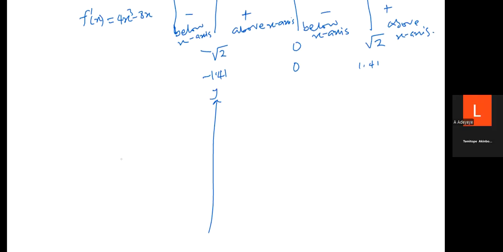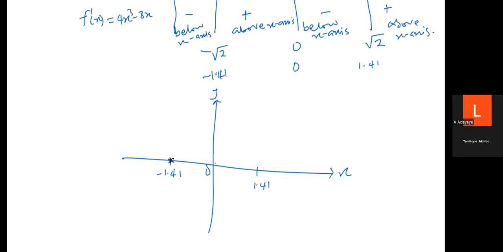So let's suppose minus 1.41 is here, 0, 1.41 here. So when you have the point here, you have it here. Okay, let me use red for that. Or black. You have it here, you have it here, you have it here.